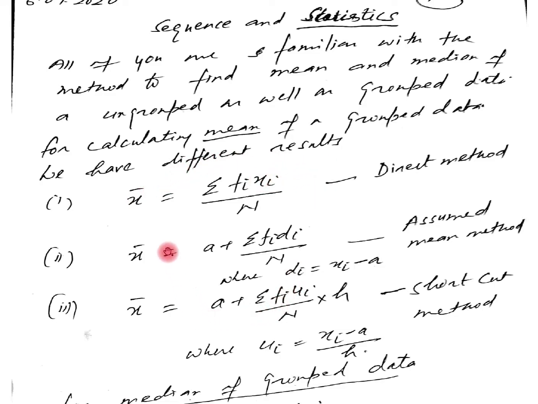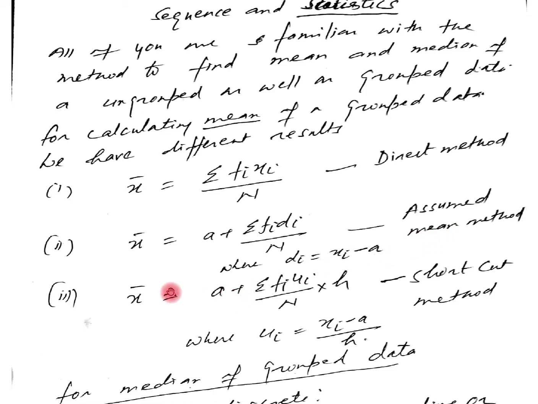data. Now, for finding the mean of grouped data that we have done in the 10th class, there are three methods to find the mean of grouped data. The first is the direct method, and the formula we have used is x bar equal to sigma fi xi upon capital F. The second is the assumed mean method, the formula is x bar equal to a plus sigma fi di upon n, where di equal to xi minus a.